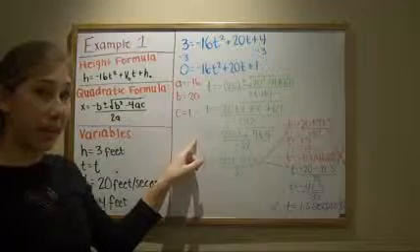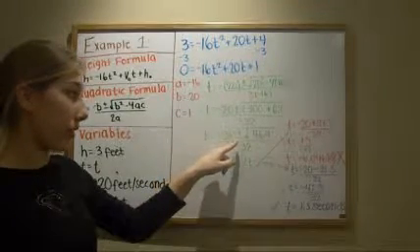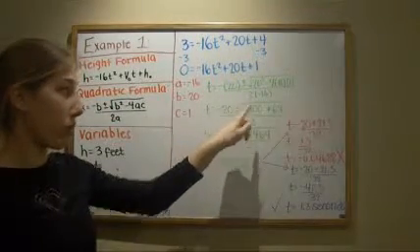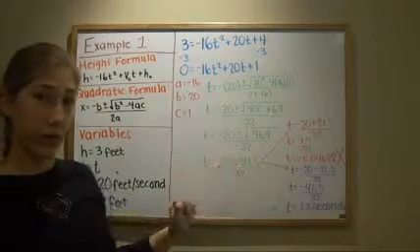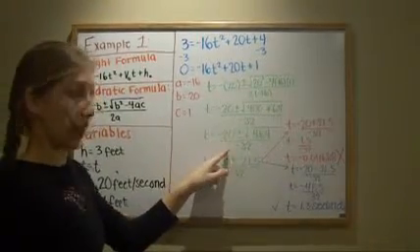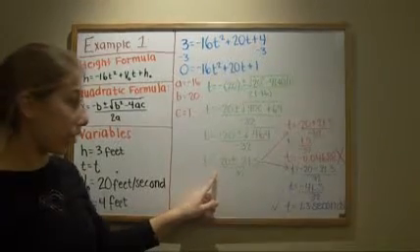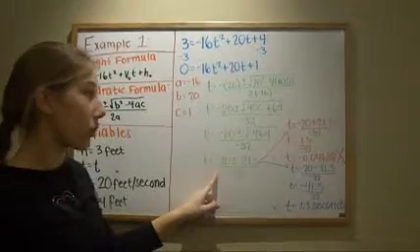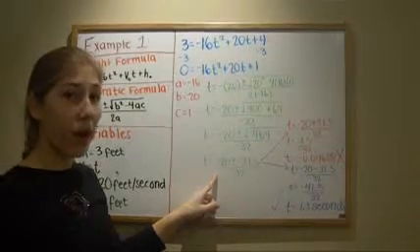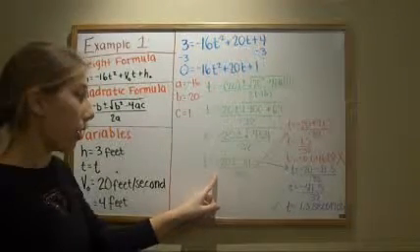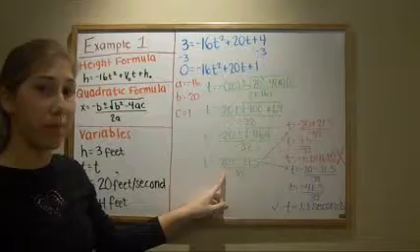Continuing, you get t equals negative 20 plus or minus the square root of 400 plus 64, which is 464, all over negative 32. Then you have t equals negative 20 plus or minus the square root of 464, which is 21.5, all over negative 32.